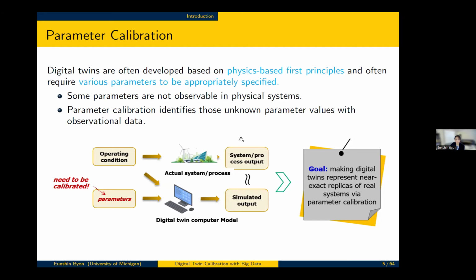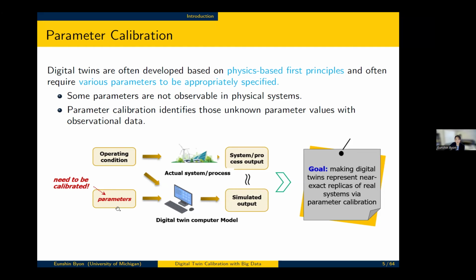So we have this physical process or physical system, and we have a digital twin that simulates this physical system that takes the same input to generate the output. And in this digital twin, in addition to the input, which is operating condition, many times we have to specify the parameters.